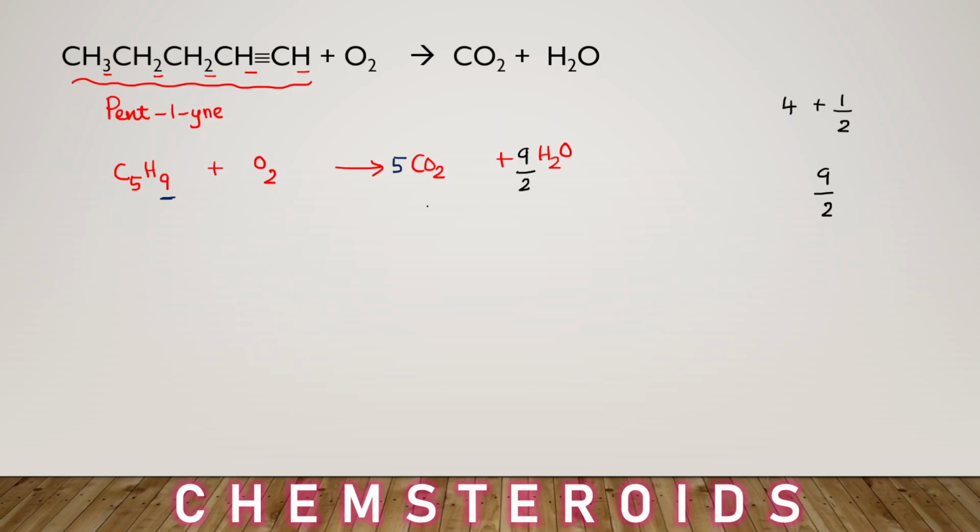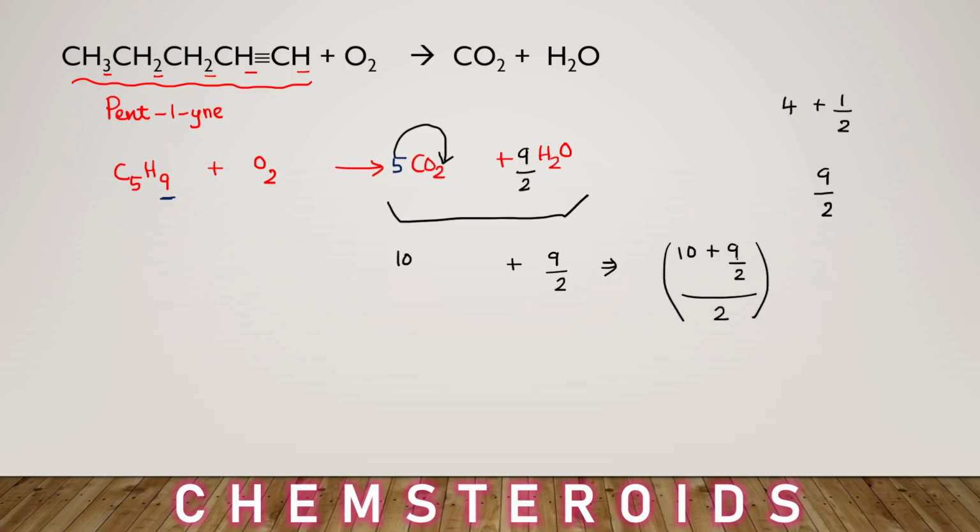Now by doing that, how many oxygens are turning up? 5 into 2, 10 oxygen plus 9 by 2. So how many oxygens are turning up here is 29 by 2, right? So 10 plus 9 by 2, divided by 2, should be your answer on the right side.